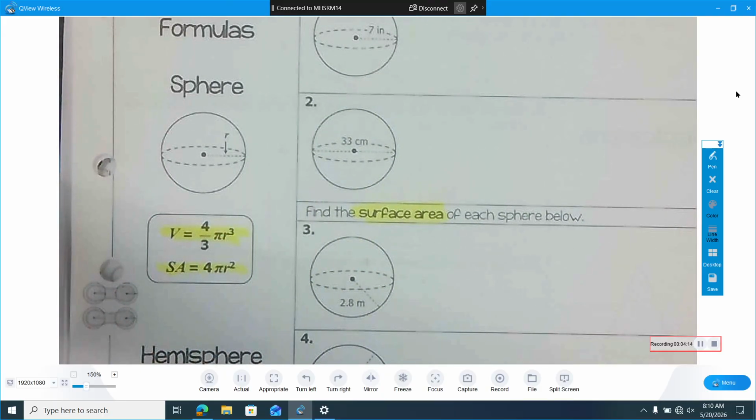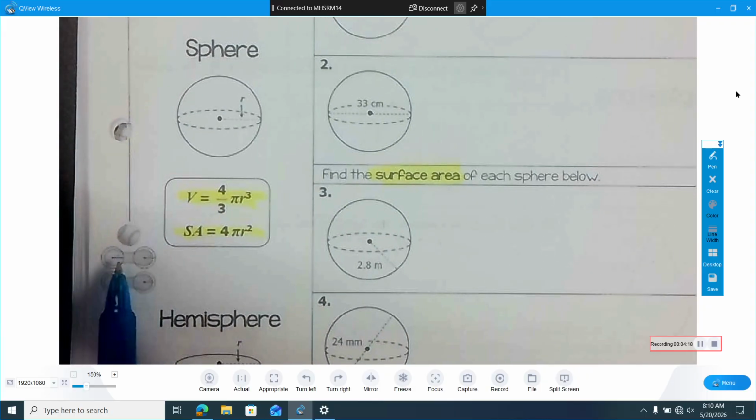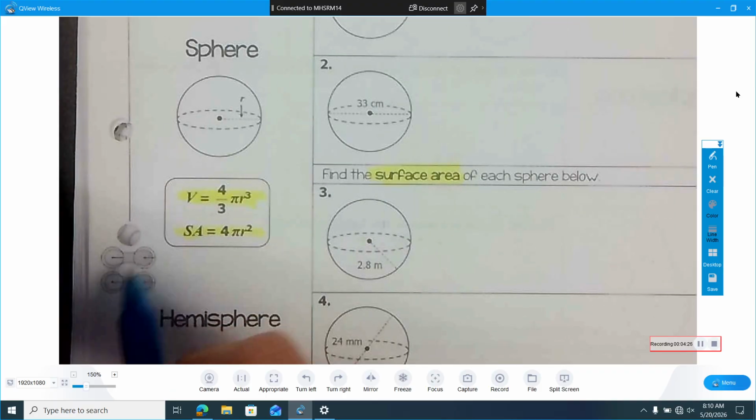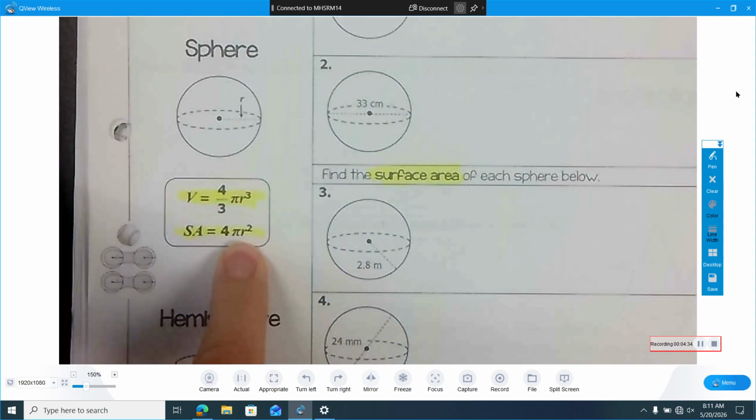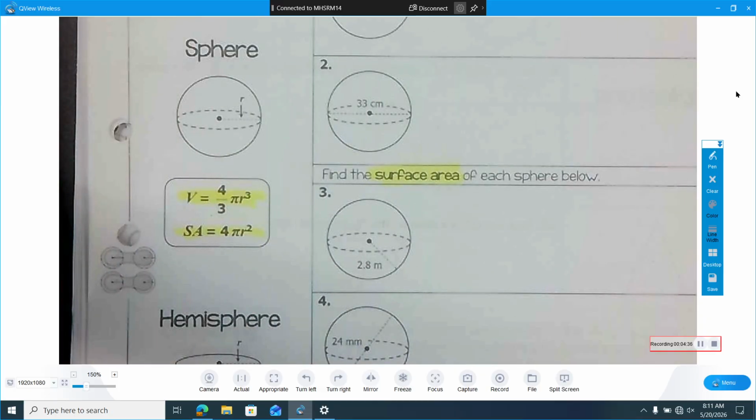And what you can sort of visualize from the picture in your notes is that those little panels look like we have four circles. And that's where the formula comes from. So there are four circular shapes that create that sort of skin that goes around the ball.